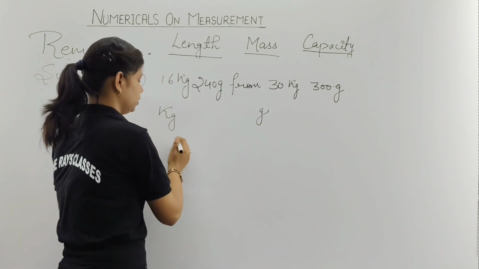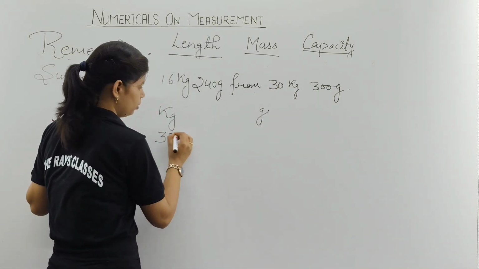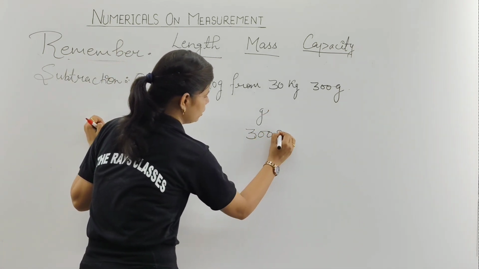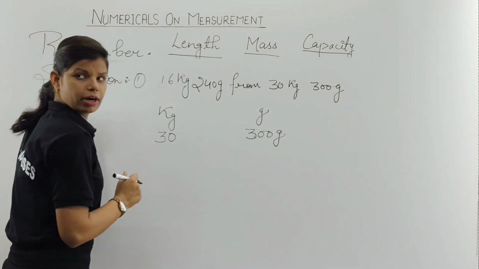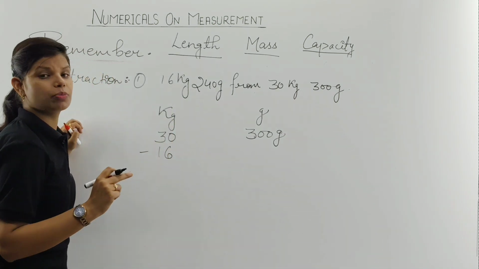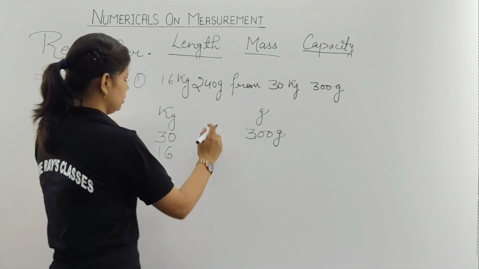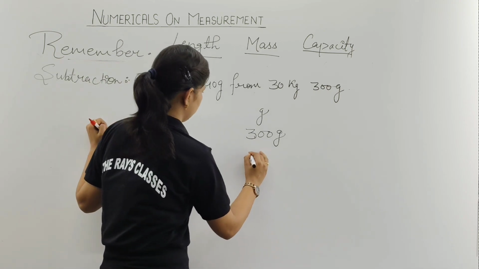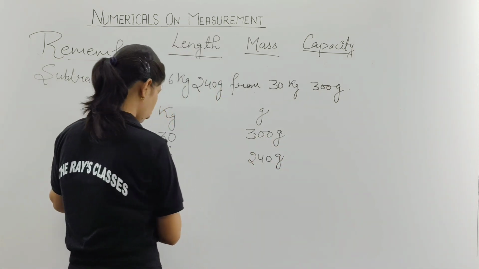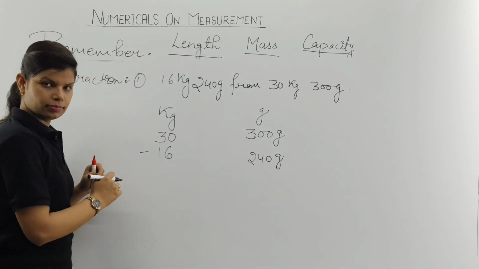Which one is bigger here? 30 will be bigger, no? So we are going to write this as the first number, 30 kg 300 gram. And we are going to write this as the second, because we are subtracting the smaller number from the bigger number. So we are writing 16 kg 240 gram. Hope you understand the same.